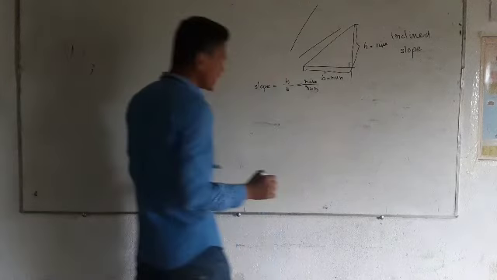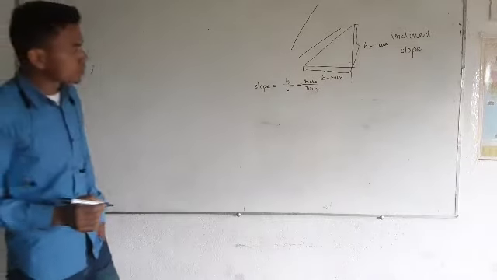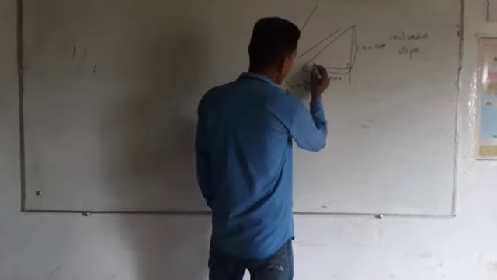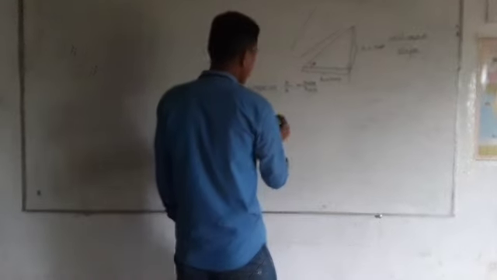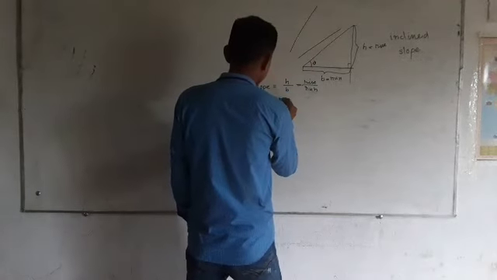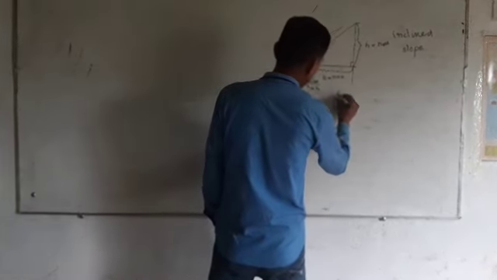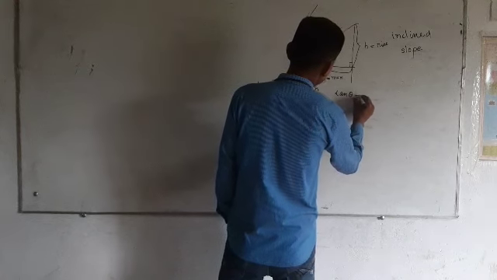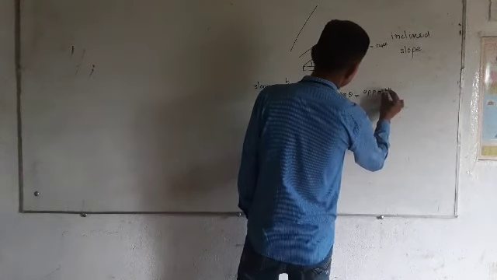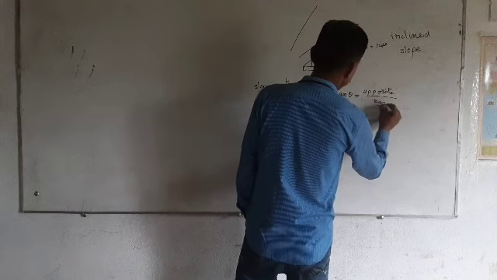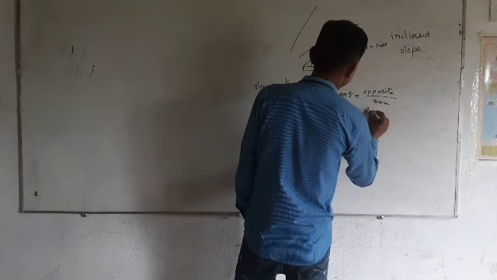Okay. Again, if the angle made by this inclined surface with the horizontal be theta, then tangent of angle theta is equal to opposite divided by base. This is equal to slope.